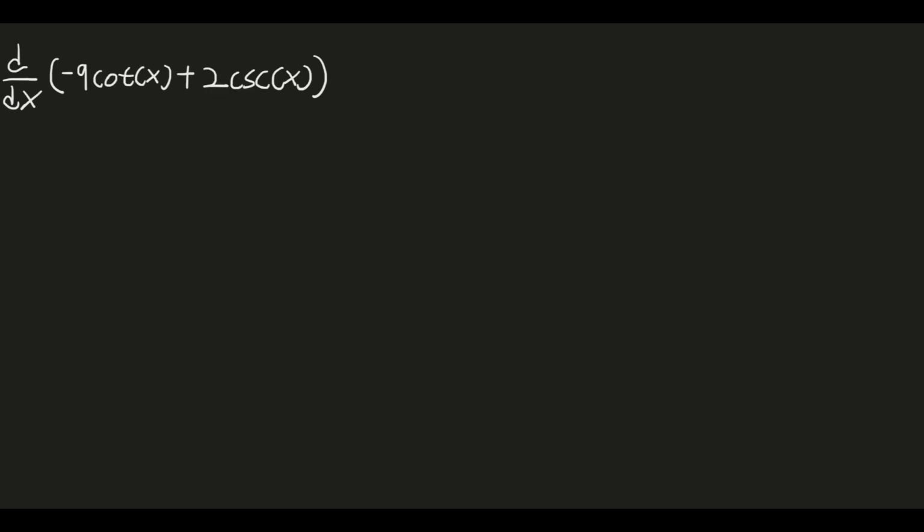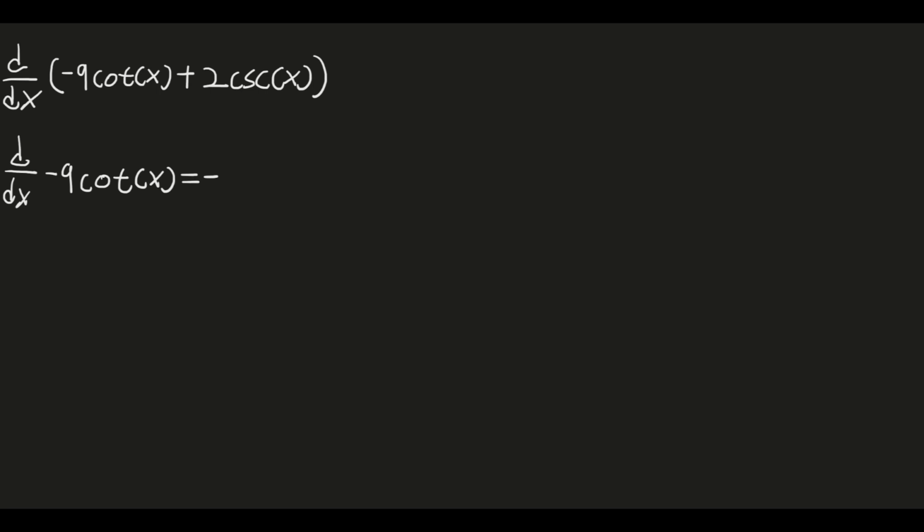Let's work through another example. So we want to find the derivative of negative 9 cotangent x plus 2 cosecant x. Feel free to pause the video and attempt this yourself. So we want to take the derivative of the first term, negative 9 cotangent x.